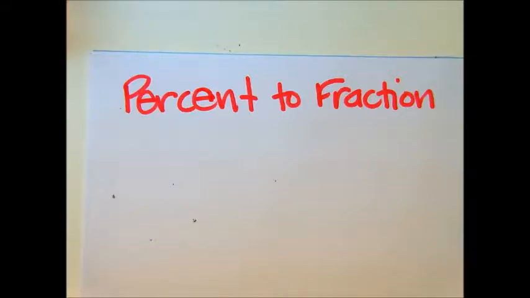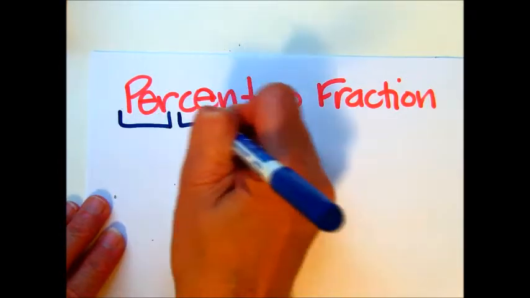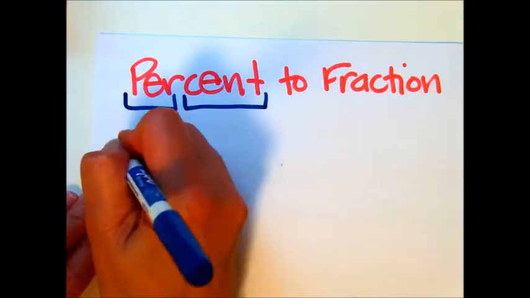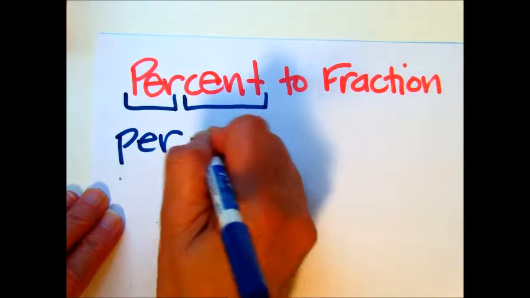Before I jump into showing you how to convert a percent to a fraction, I want to first just talk about the word percent. Percent is kind of broken up into two parts, and if we look at each part, that will help us figure out the meaning of the word.